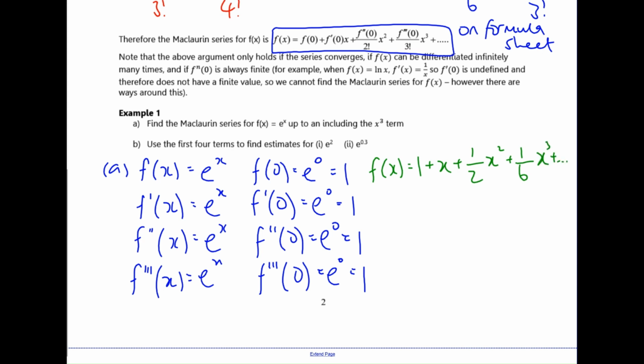So these are the first 4 terms of the Maclaurin series for e to the x. We can use this to estimate values. Unlike the binomial expansion, this does work for all values of x, not just small values. So e squared is the same as substituting 2 into this.